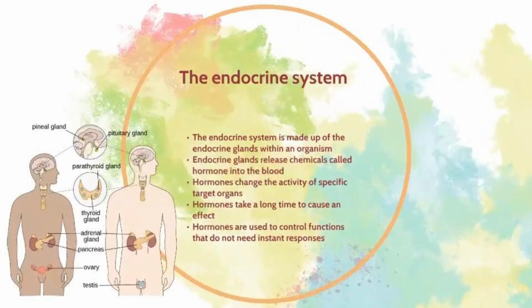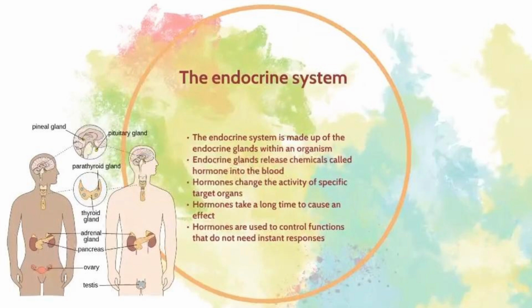These hormones are released by endocrine glands, and all the glands together make up the endocrine system. We have several glands within our body, things like the pancreas, the adrenal gland, the pituitary gland, the thyroid gland.